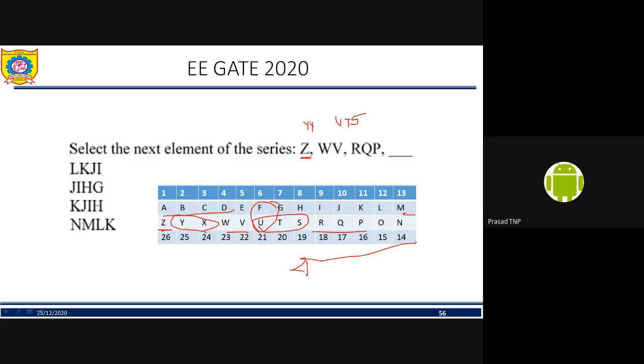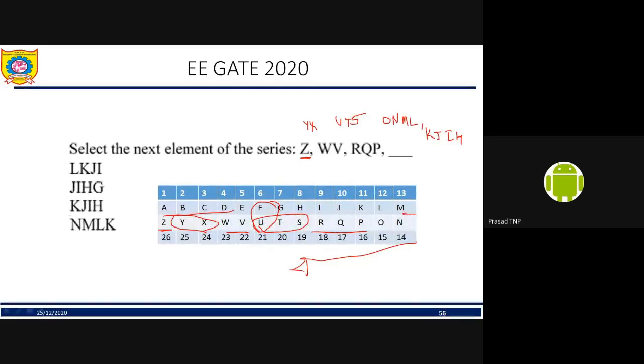After RQP, 4 alphabets should be absent. Which are the 4 alphabets after RQP? O, N, M, L. So the next alphabets will be after L: K, J, I and H. So in which option are these present?